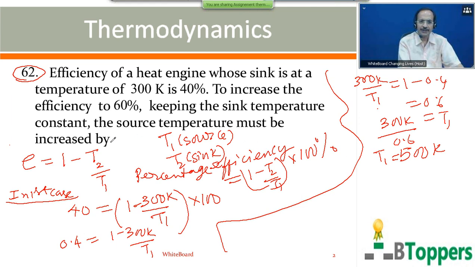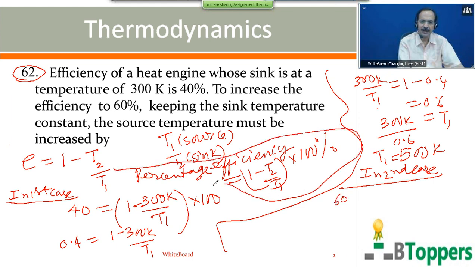Now, in the second case, the efficiency is to increase to 60%. So in the second case, the temperature of the sink is the same, constant, again equal to 300 Kelvin, but the percentage is 60%. Again, use the same formula.